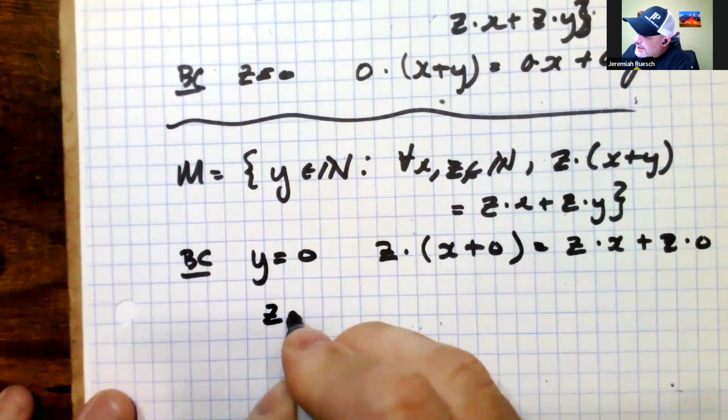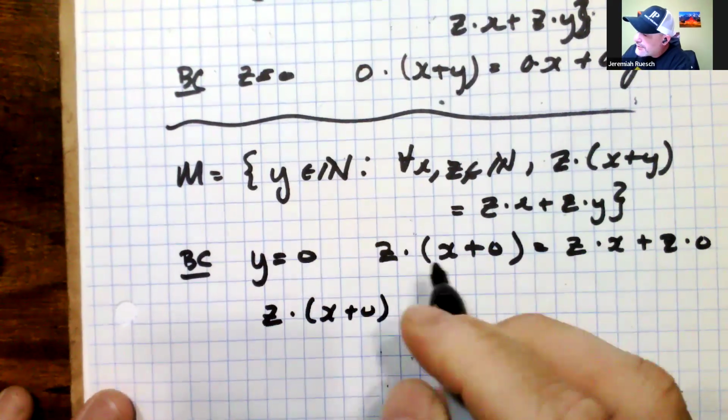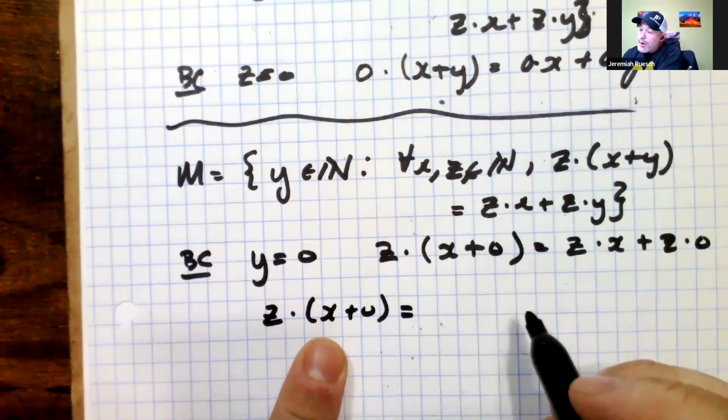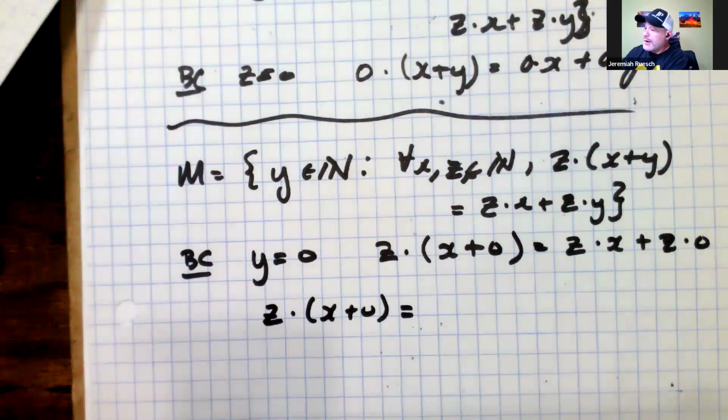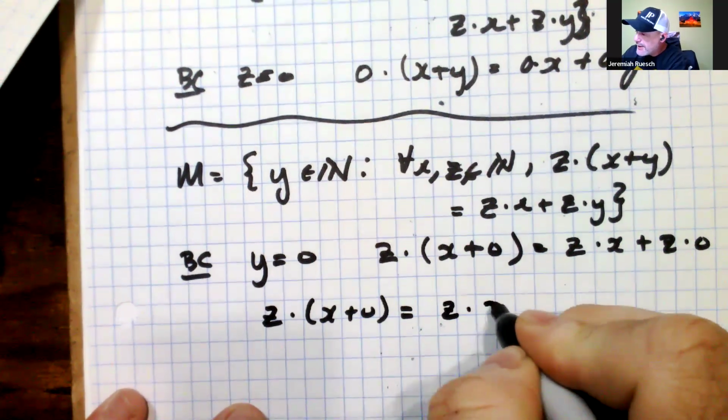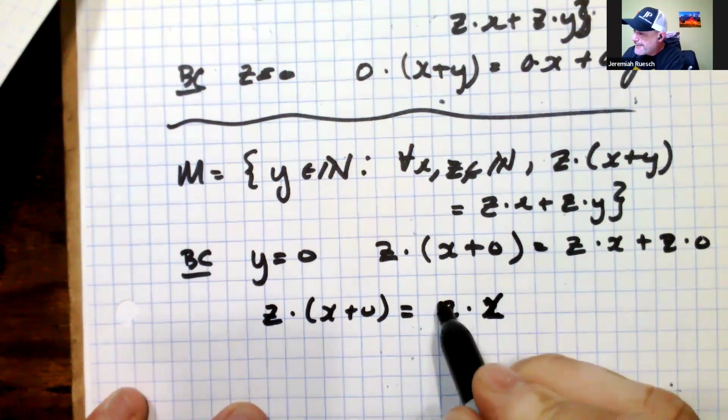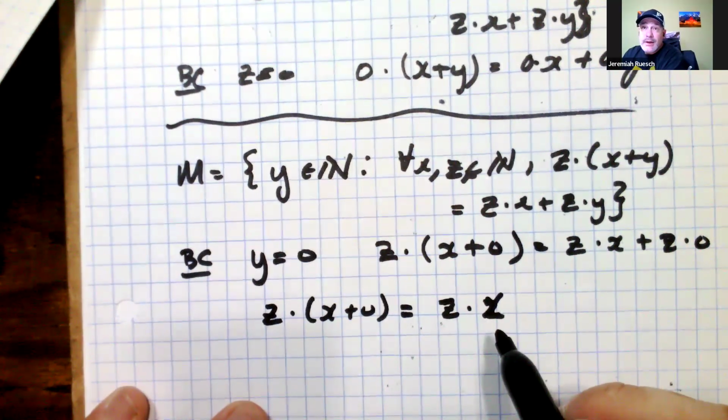So z times (x plus 0). Well, what is that? By A1, see how we can use this now? By A1, then this is just z times x. Okay.